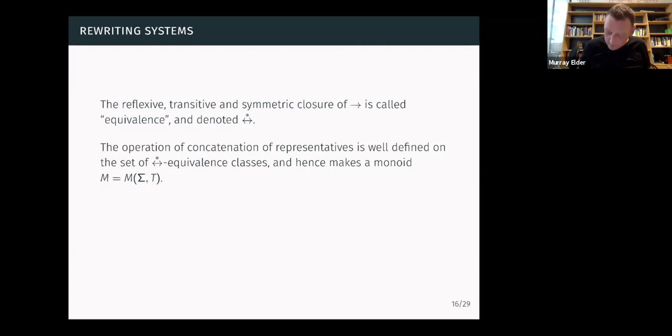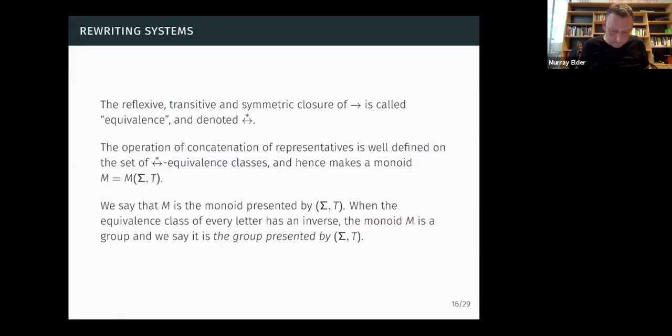So there's a little bit to do there. So any rewriting system corresponds to some monoid over that alphabet. And if that monoid happens to have inverses for everything, then we'll get a group presented by a rewriting system. So there's a connection there.